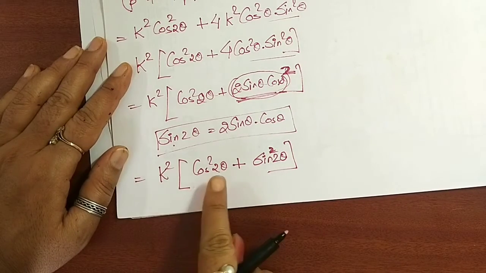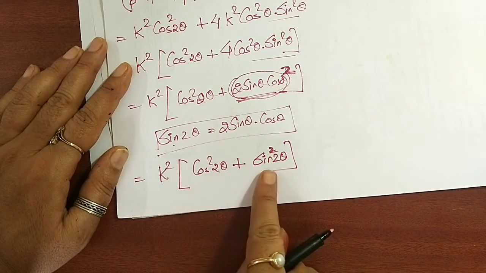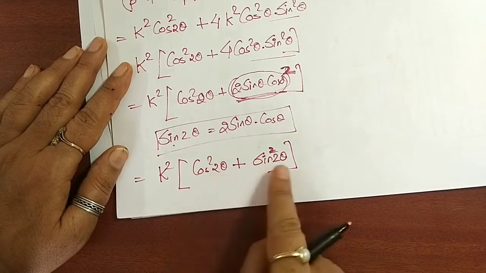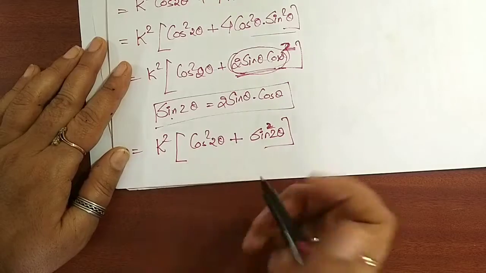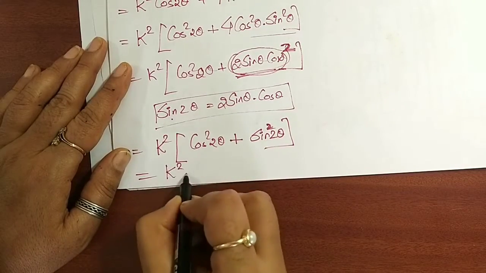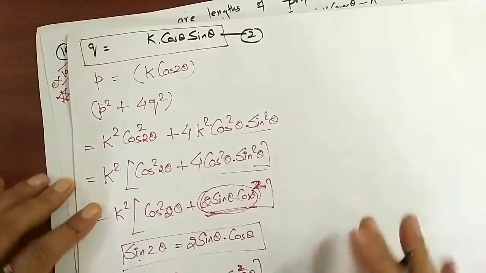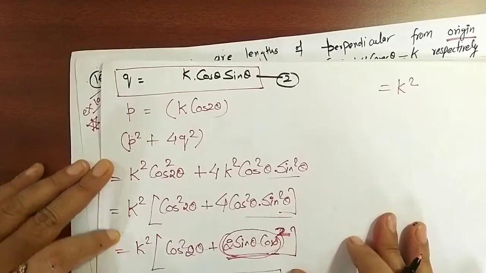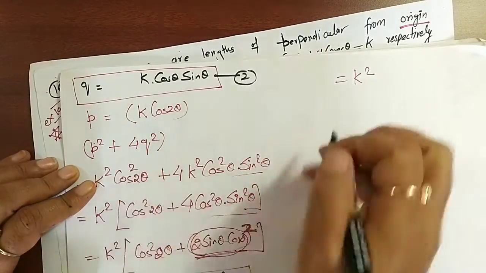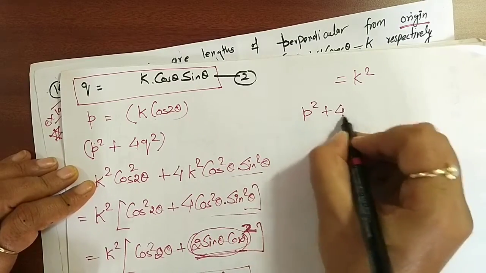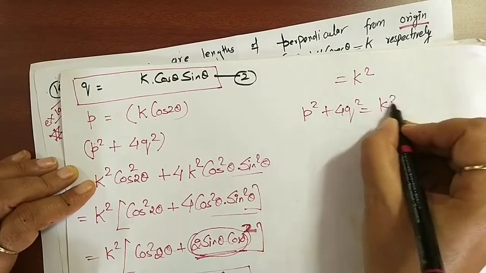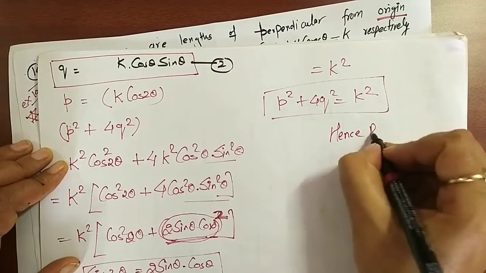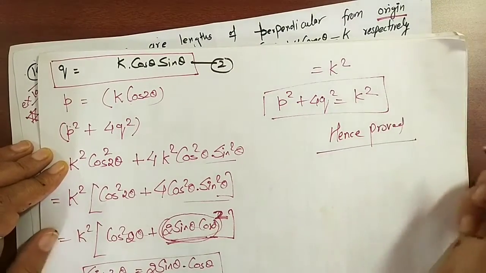So this is cos square 2 theta plus sin square 2 theta, which will be 1, because the angles are equal, 2 theta and 2 theta. So the sum of their squares will be 1. So k square into 1 is nothing but k square. And I got the expression. I started with p square plus 4q square, and I am getting k square. So I can say hence proved. Okay, I hope you understood.